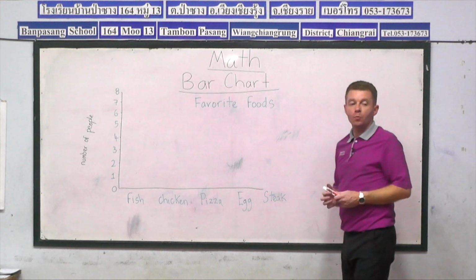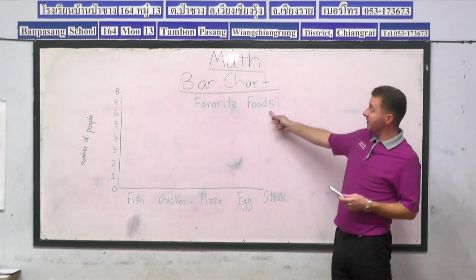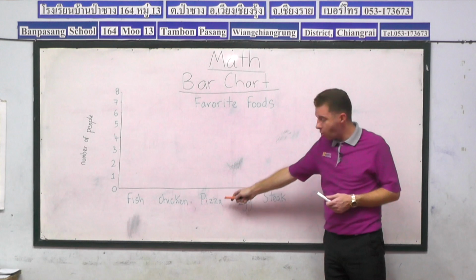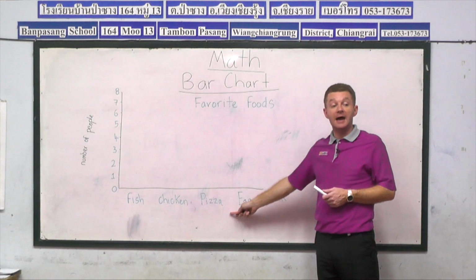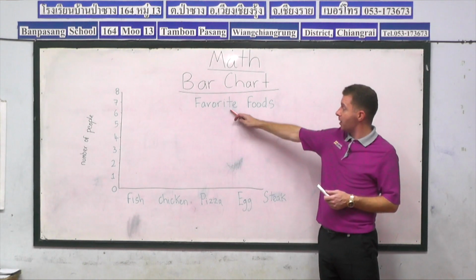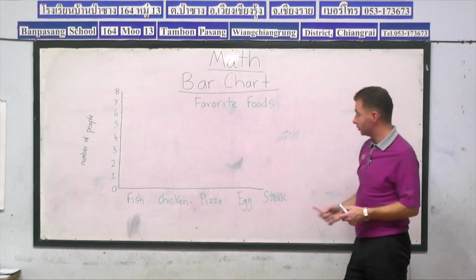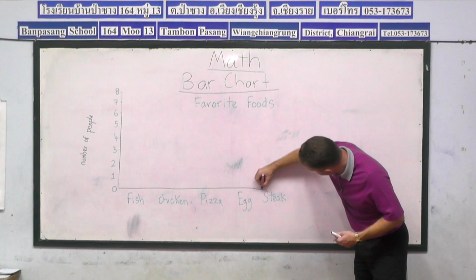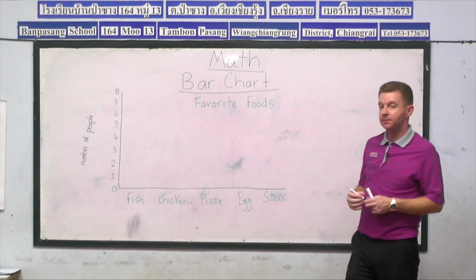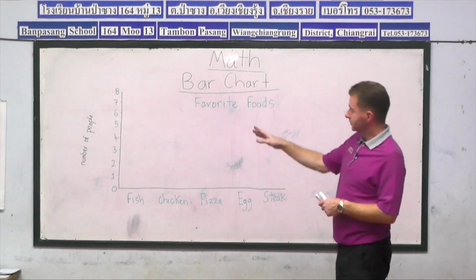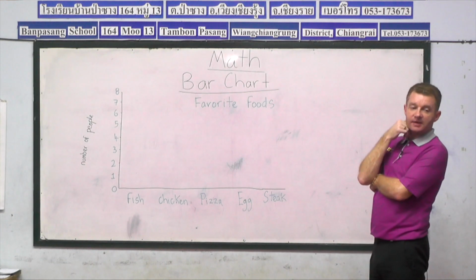So remember, when we're doing a bar chart, the title of our bar chart will always relate to the horizontal axis label. If we're doing a bar chart about favorite foods, the horizontal axis label must always be about foods. Okay, now we're ready. Well, can we tell about our favorite foods yet?